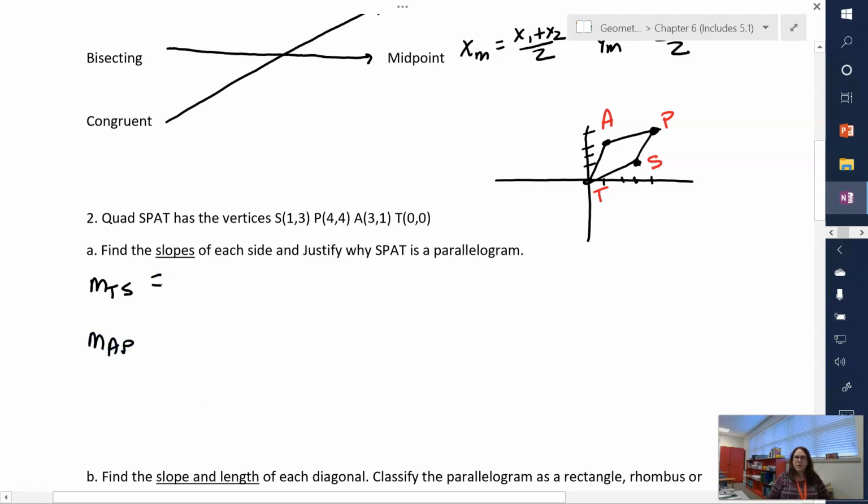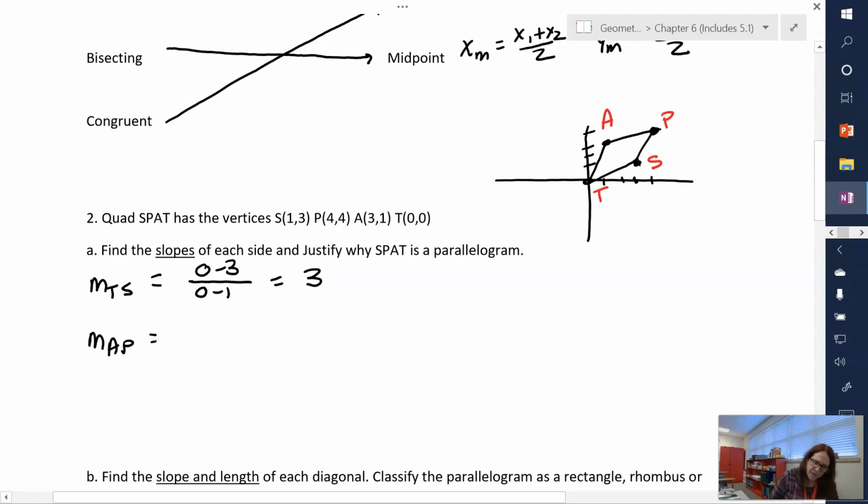So I'm just going to use my slope formula, y2 minus y1 over x2 minus x1. So from T to S, I have a 0 minus 3 over 0 minus 1, which gives me 3.